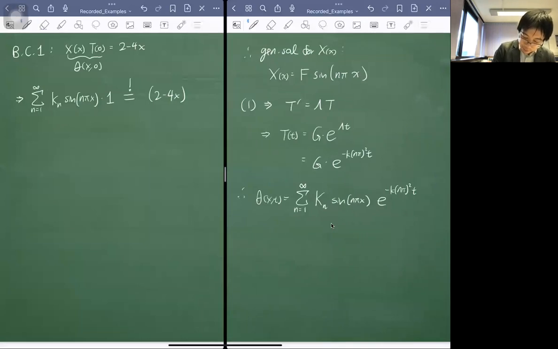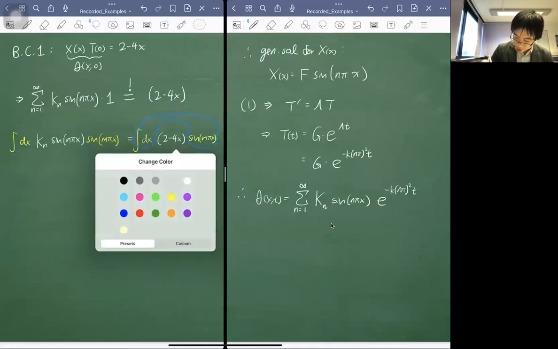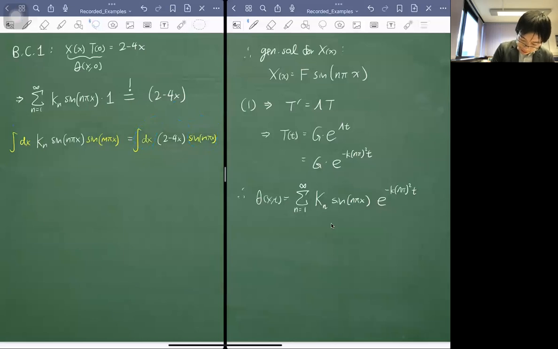On both sides, we first multiply by sine m pi x, so 2 minus 4x multiplied by sine m pi x, and integrate both sides by dx. Oh, I forgot to copy the sigma.